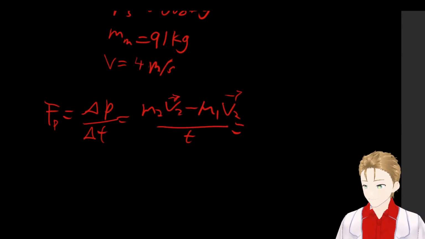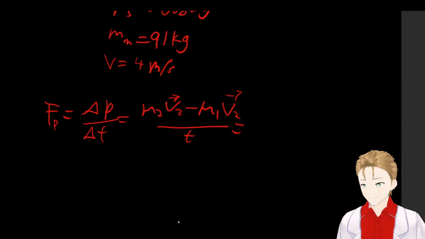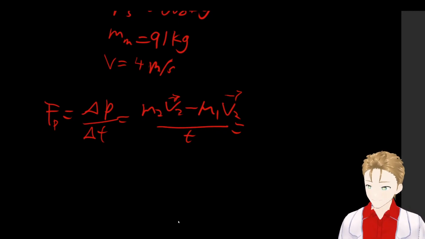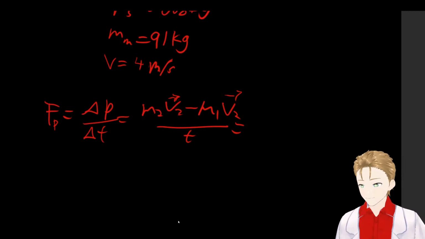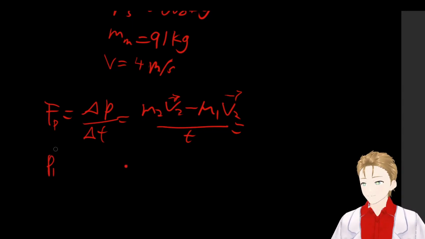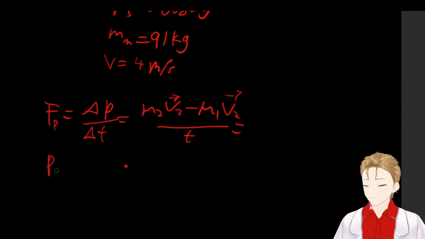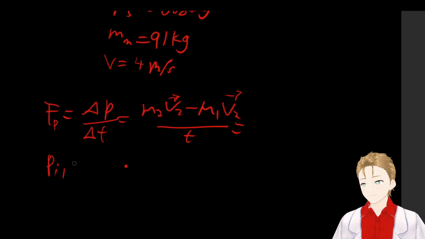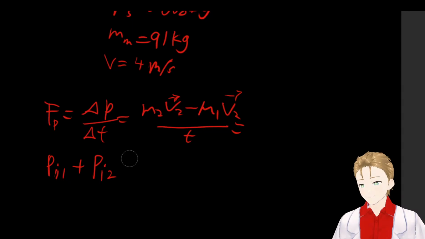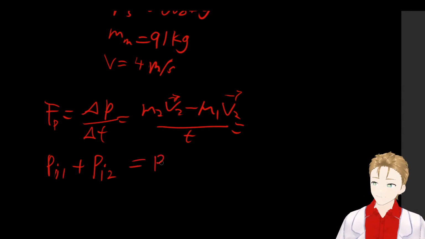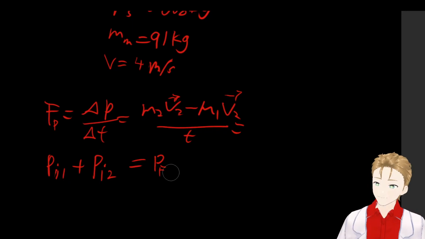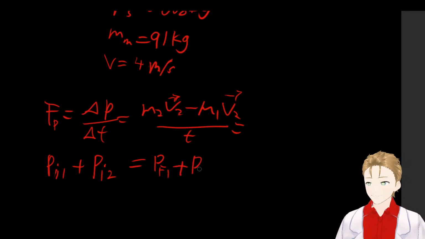So I don't think that's going to help me actually, because I have time. Maybe I should think about the formulae. I see, there's the initial momentum. Okay, so there's another formula: the initial momentum of the first object plus the initial momentum of the second object is supposed to be equal to the final momentum of the first object plus the final momentum of the second object.